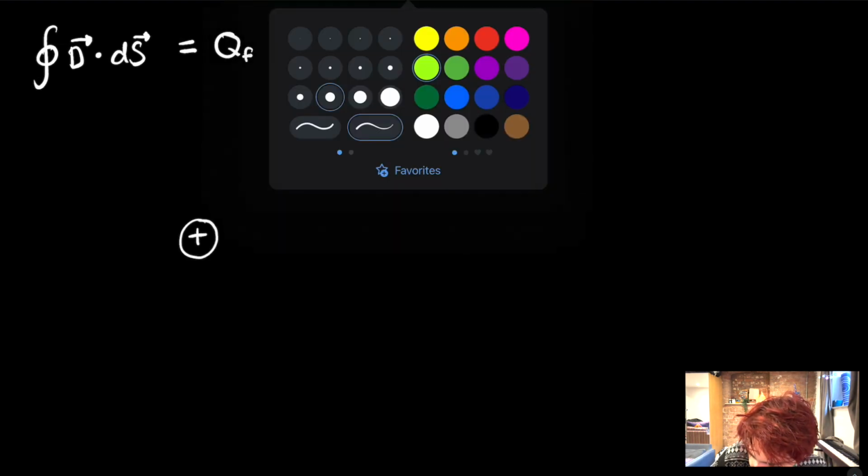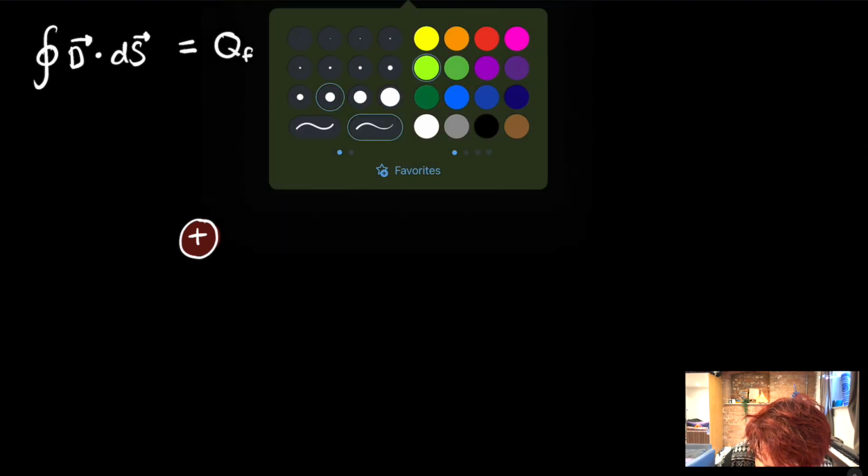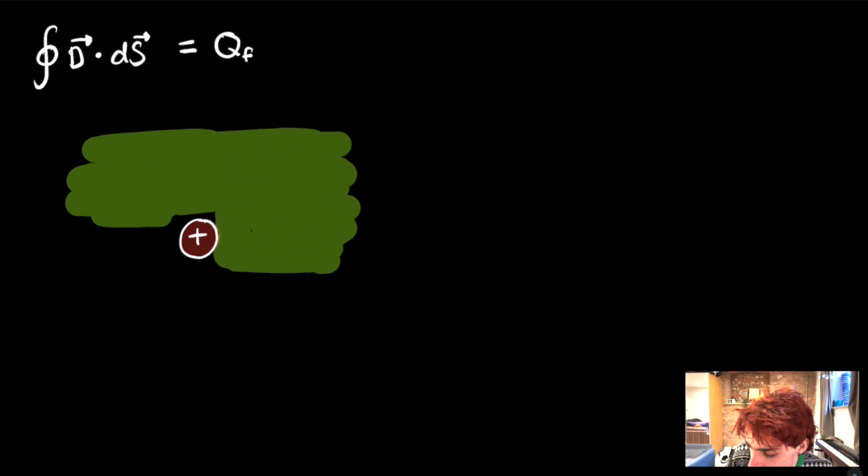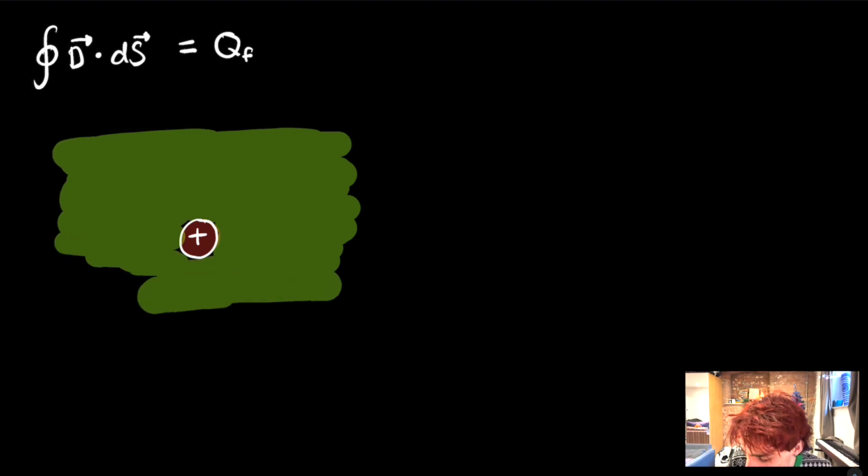So let's take the case where we have a positive charge right at the beginning of the video. So this is going to be a positive charge, and it's being placed within some kind of dielectric, which I'm going to colour in green for now. So remember, the dielectric is the material that's surrounding the charge that I've placed within this medium right here.